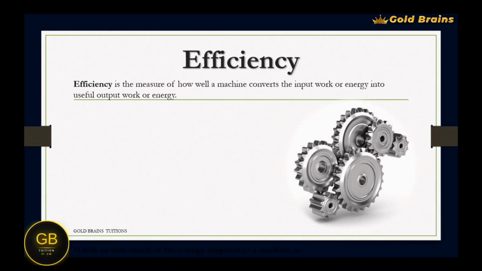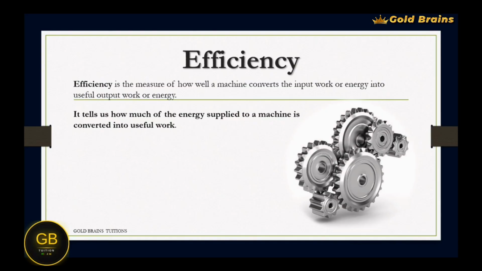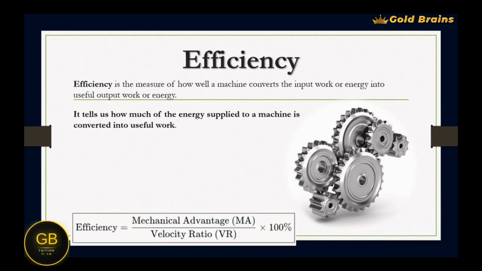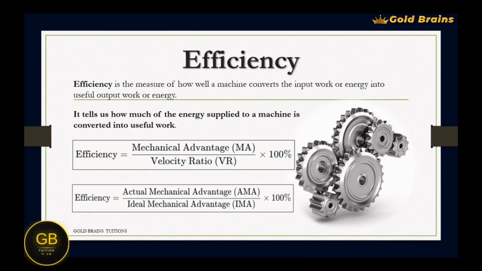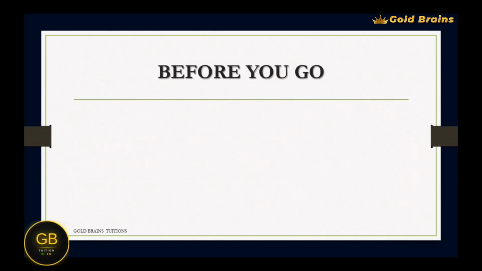And it tells us how much of the energy supplied to a machine is converted into useful work. And it is given by the formula mechanical advantage MA over velocity ratio times 100%. Or it is also given by efficiency, which is equal to actual mechanical advantage AMA over ideal mechanical advantage IMA times 100%.